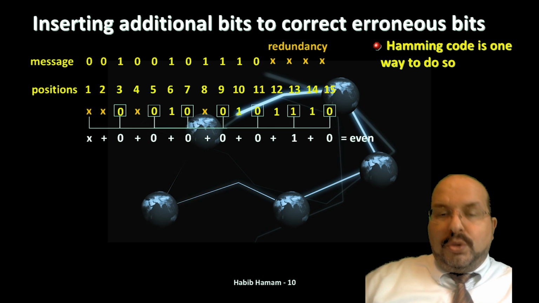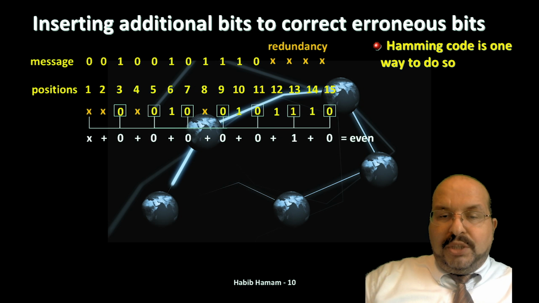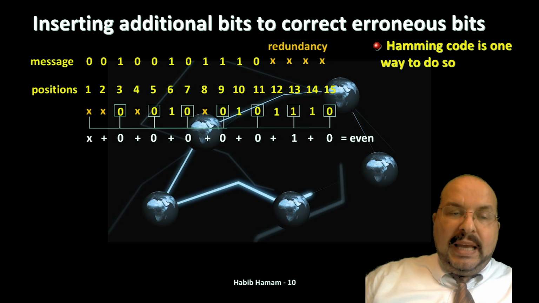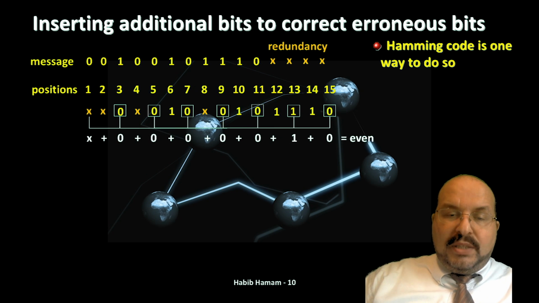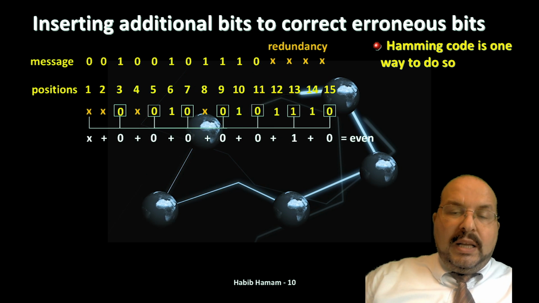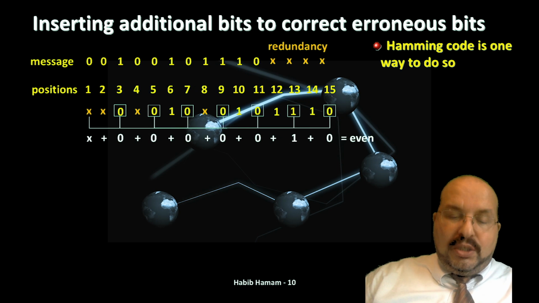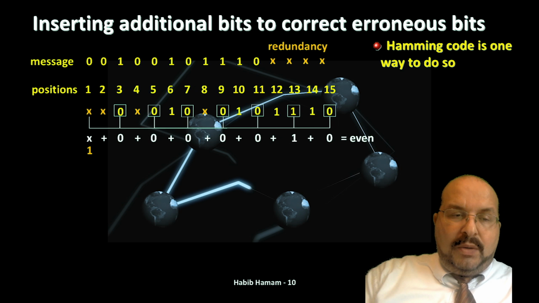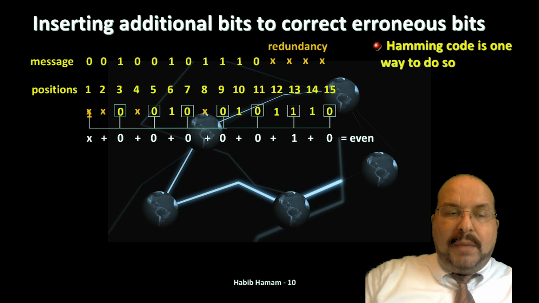And this should make an addition which is even. In order to do so, x plus 0 plus 0 plus 0 plus 0 plus 1 plus 0, in order to have it even, x should be 1. So I replace x by 1.